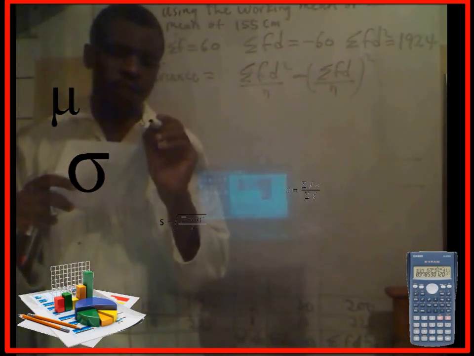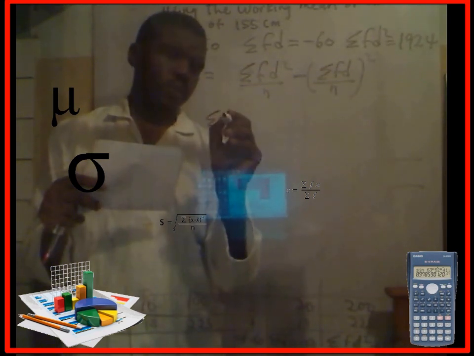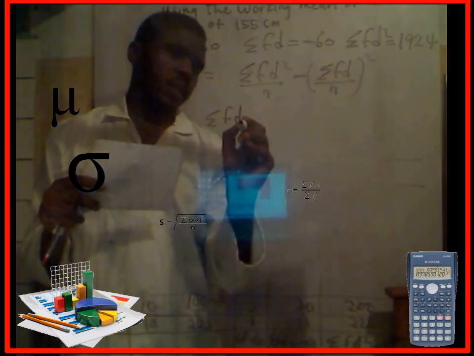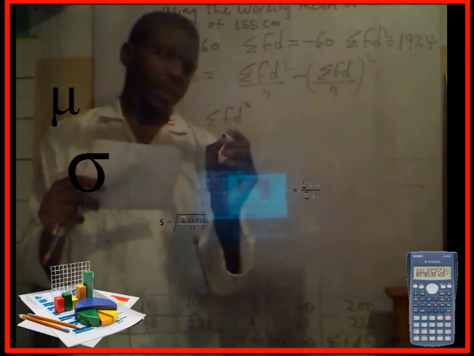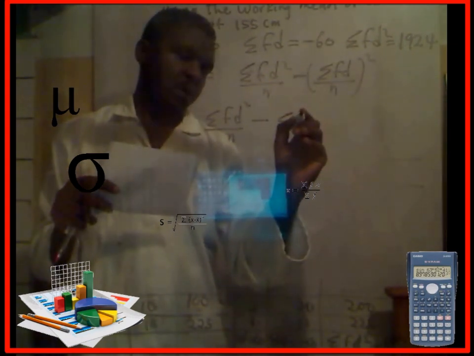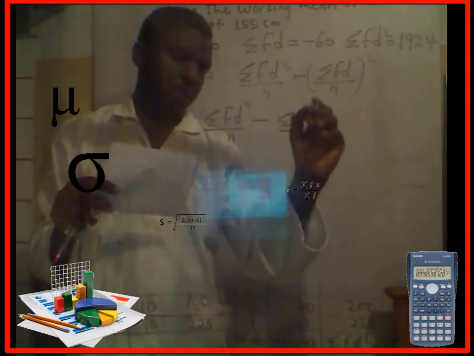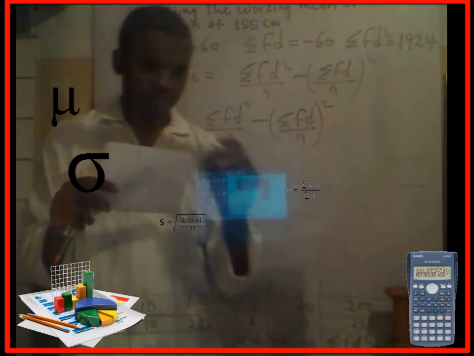So our standard deviation will be equal to the sum of the product between frequency and deviation square divided by n, minus the sum of the product between frequency and deviation divided by n, all square, to the root.